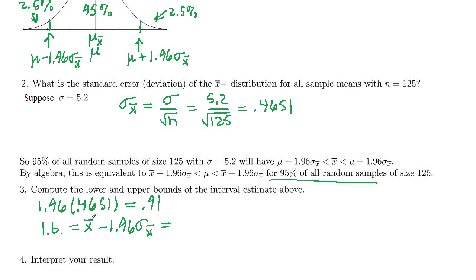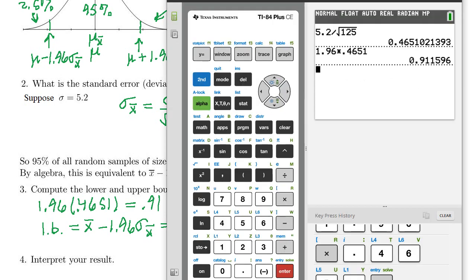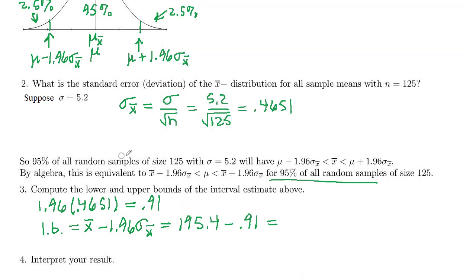And our sample mean, that was 195.4. If we look back up to that example, we took that random sample of size 125 and got 195.4. We're going to subtract off 0.91. That'll be our lower bound. So 195.4 minus 0.91 is 194.49.